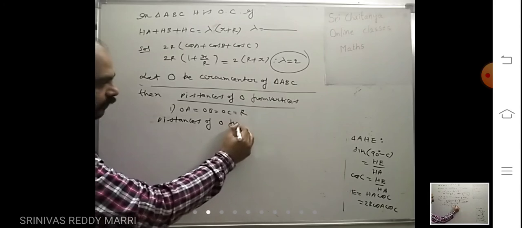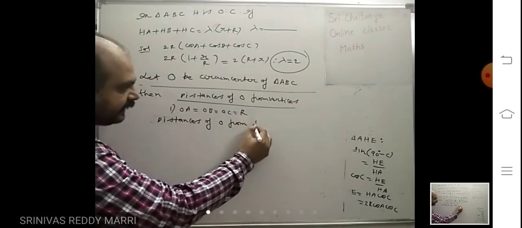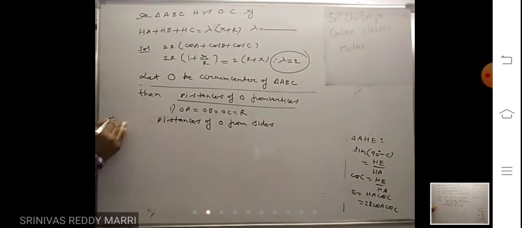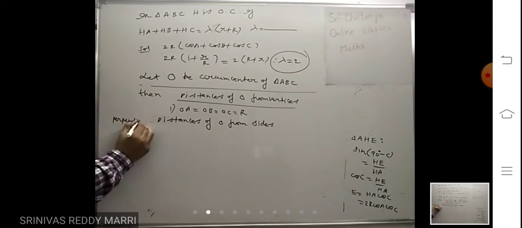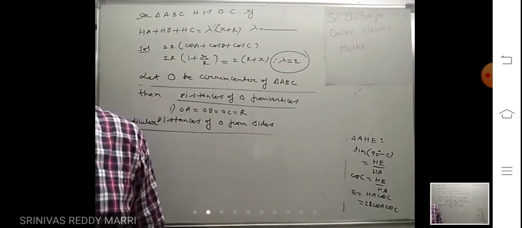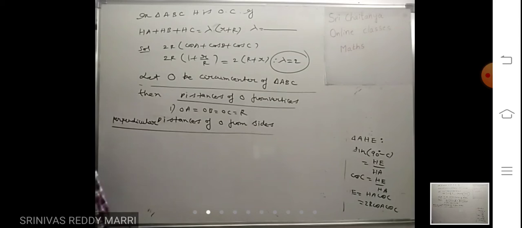Distances of O from the sides, perpendicular distance. Always distance means perpendicular distance. Even if he just says distance, take the perpendicular distance. That is the default meaning.